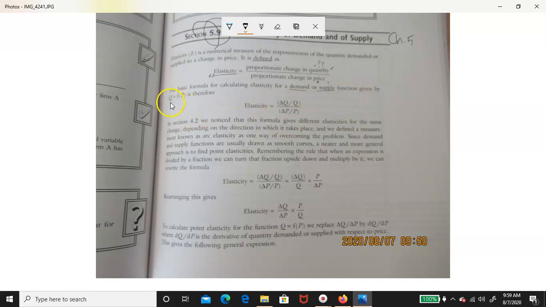Basic formula: quantity demanded depends on price. Remember the law of demand. We said if price increases, demand will decrease, and vice versa, other things remaining unchanged, that ceteris paribus assumption. So that is elasticity of demand.